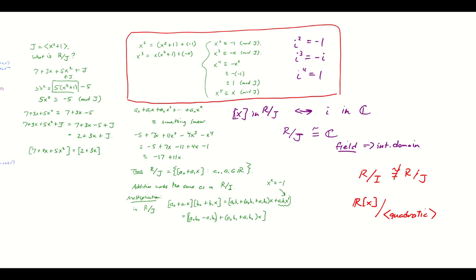And the answer is we can construct it algebraically. If we take R bracket X and mod out by X squared plus 1, you're saying X squared plus 1 is really 0. Well, we really say it's congruent to 0, which means X squared is congruent to negative 1. And that's how you can algebraically create a square root of negative 1, even though everything in your brain tells you there should be no such thing.